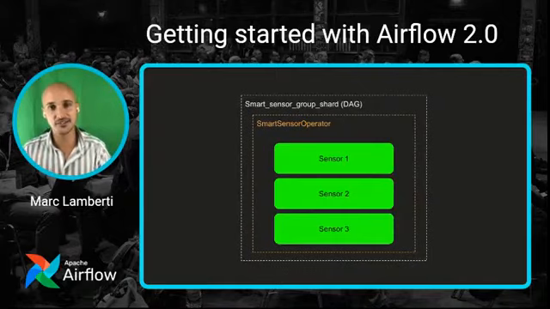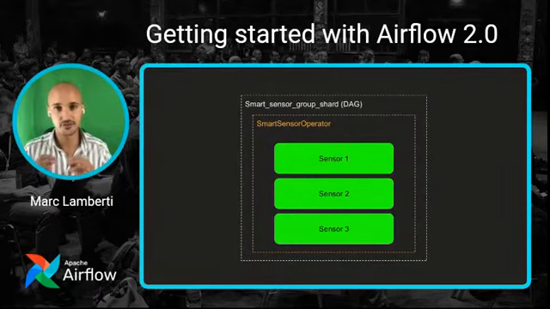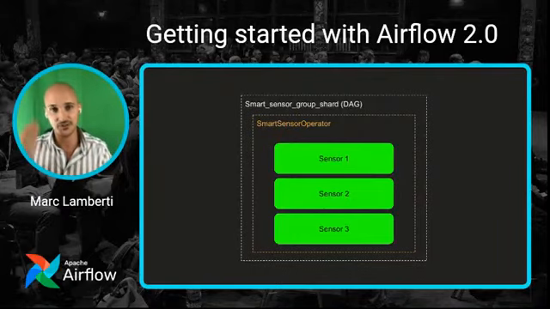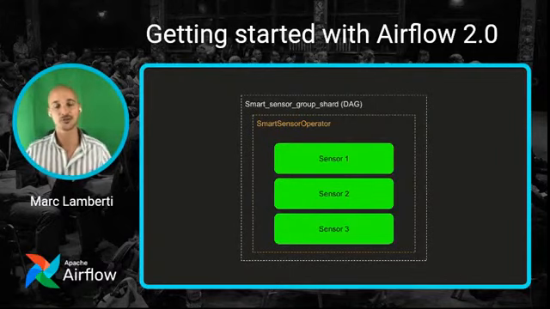If you have some sensors that are duplicates, so waiting for the same thing, you won't have a duplicate. You will end up with only one sensor managing all the sensors that are duplicates. And last but not least, it reduces the number of heartbeats. Obviously, as you will end up with fewer sensors, you will make fewer requests to the metastore. And this is, again, super important. You have to take care of your database.